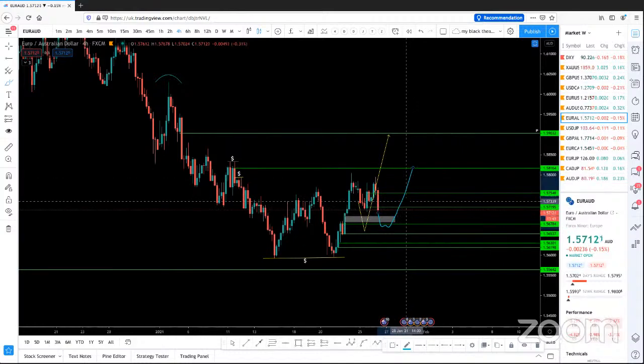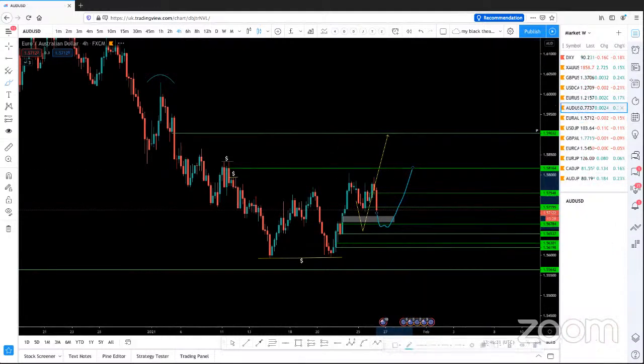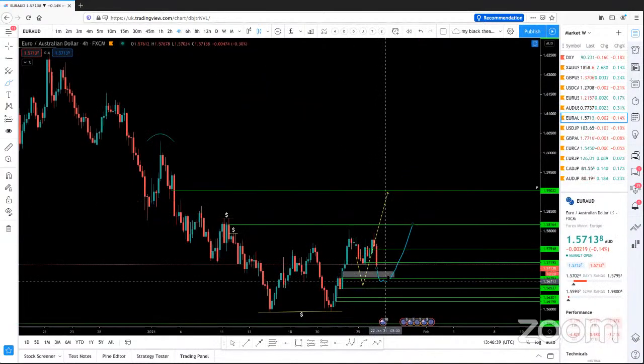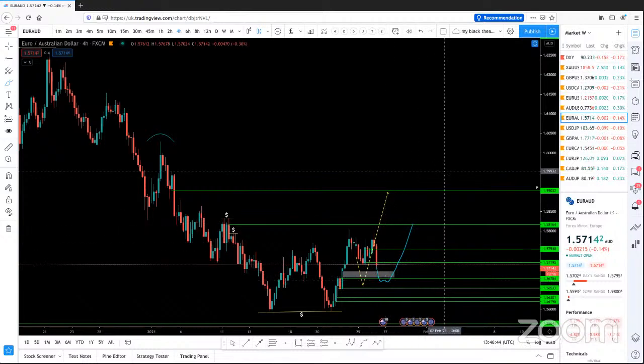This is what I'm anticipating on EUR AUD, because when AUD USD runs higher, generally EUR AUD runs lower. So if we are anticipating a drop on AUD USD, definitely we could anticipate a bullish run on EUR AUD. It's a mirror image, guys.